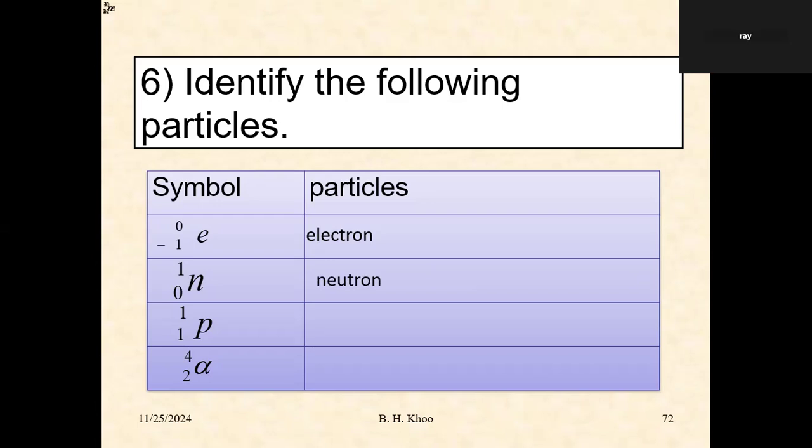Next one, proton. Next one, alpha particle. Good. Make sure you know the symbols. That's why I'm going over it with you slowly.